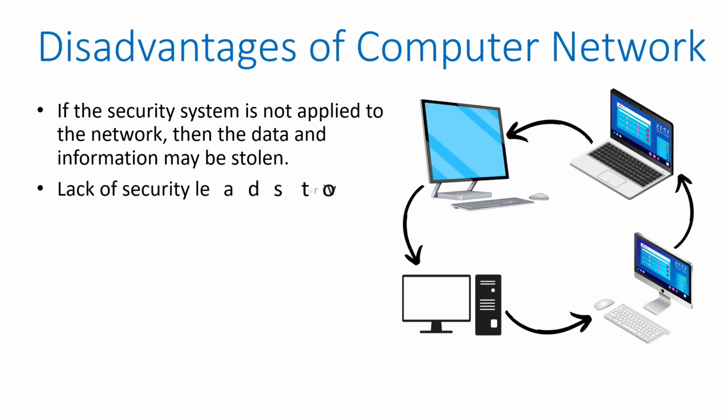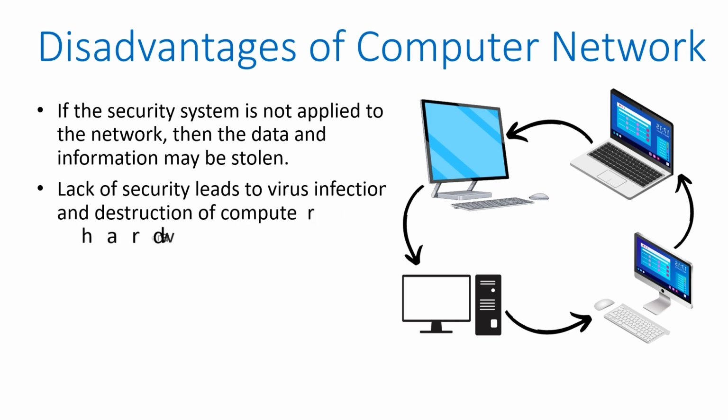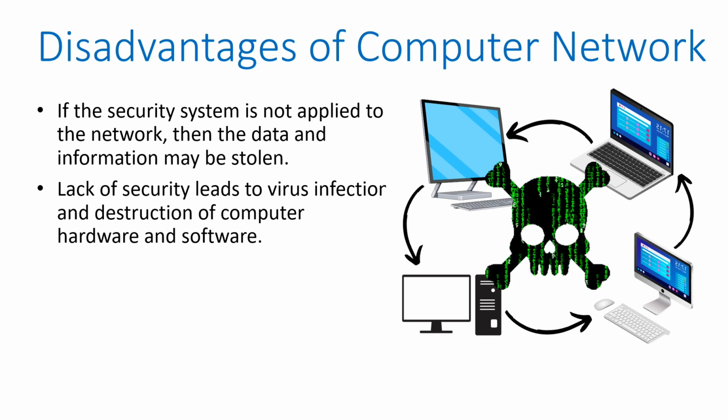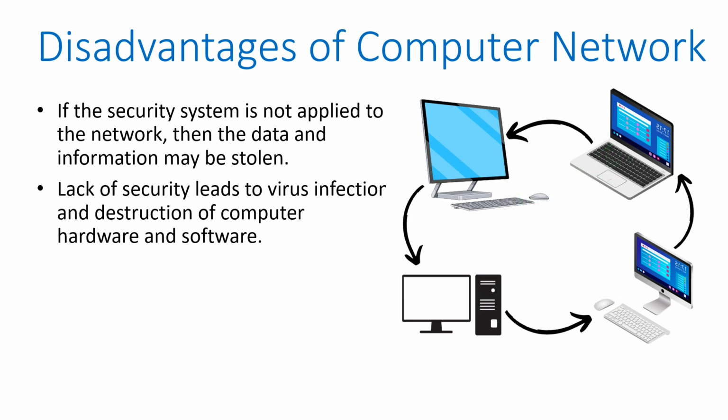Similarly, lack of security leads to virus infection and destruction of computer hardware and software. So lack of strong security may lead to virus infection that will eventually destroy the computer hardware and data. So strong security must be provided to the computer network. Another disadvantage is the privacy of the user may not be secure.